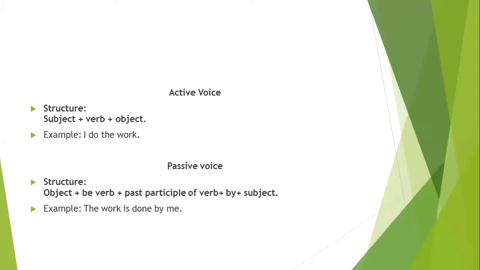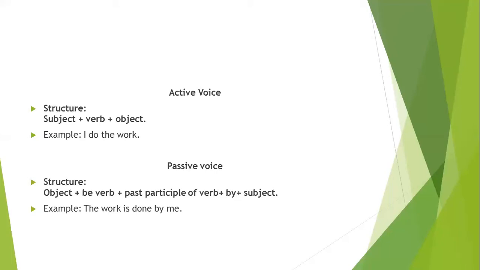Next, the structure of passive voice, that is object plus be verb plus past participle of verb plus by plus subject. If you change the first example of the active voice, you will see in the passive voice it will be: the work is done by me. Here, the object in the active voice has been changed to subject in the passive voice.